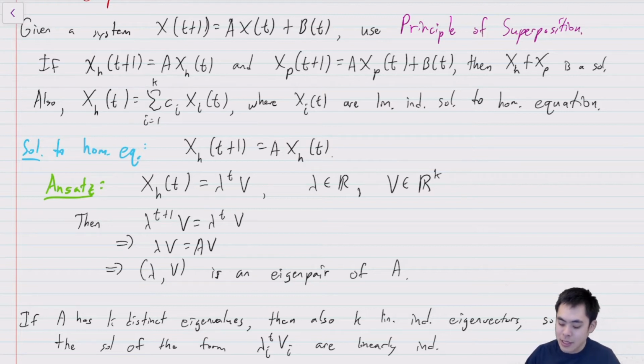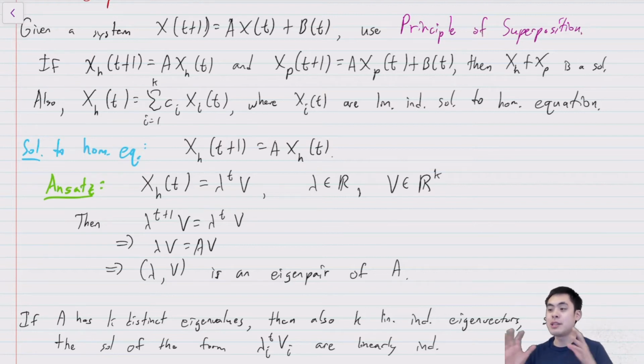And given this ansatz, you'll quickly see that you substitute the things in, and you get Av is equal to lambda v, which is precisely stating that lambda and v are an eigenpair of A, where lambda is an eigenvalue and v is an eigenvector.